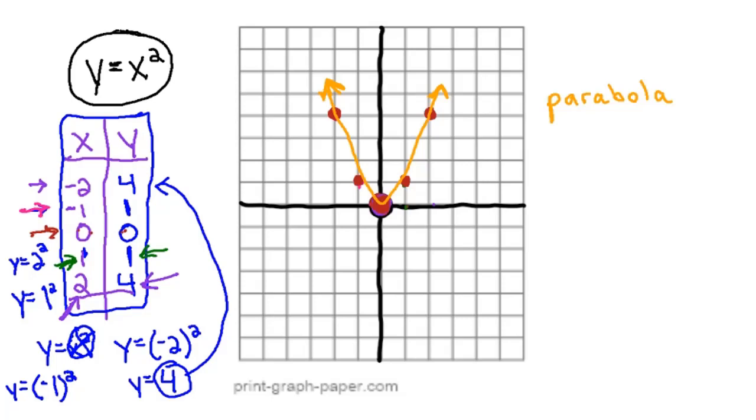This is the most basic parabola that you want to learn. This basic parabola right here is y equals x squared. So this graph right here is always y equals x squared. That's just what it looks like. So if you ever see y equals x squared, you're going to go for the V whose bottom point is at the 0 in the center of the graph.